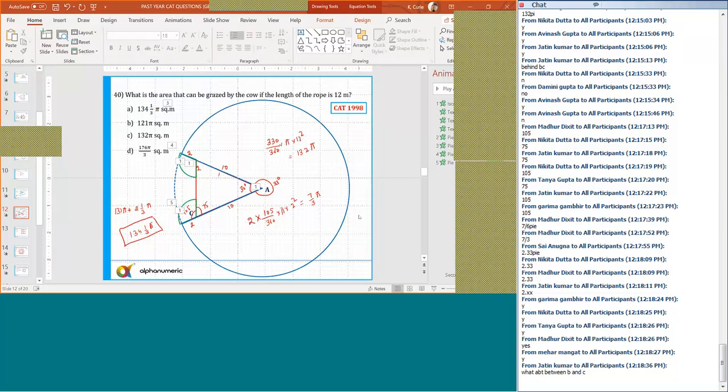So now this is correct: 134 1 by 3 pi. Any doubts to anyone now?